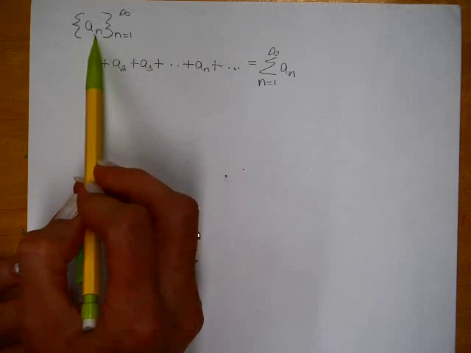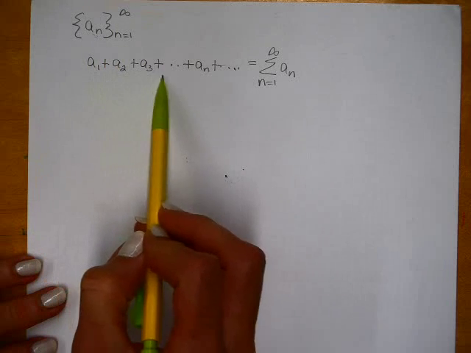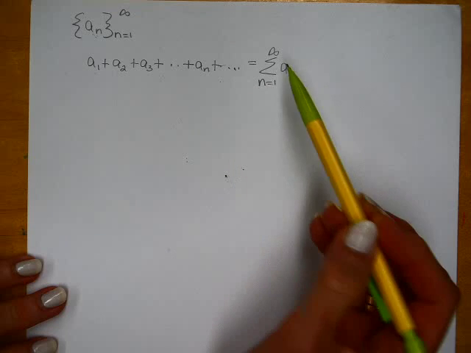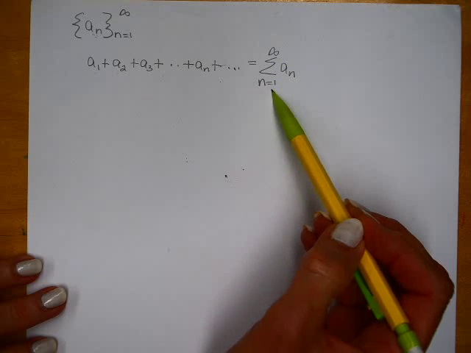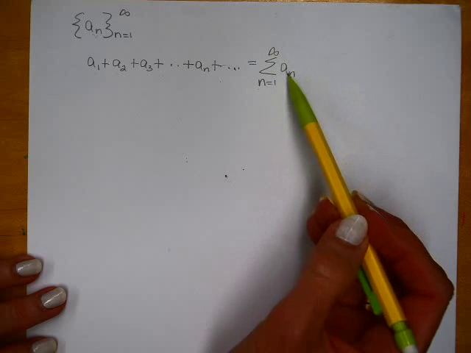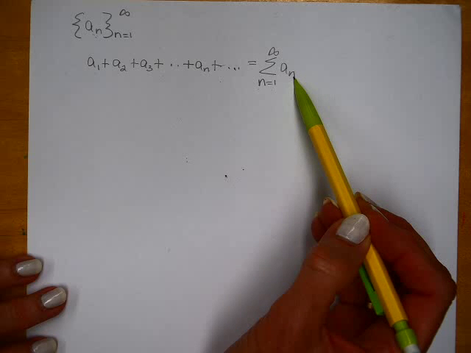We're taking the terms of the sequences that we talked about in 11.1 and we are going to add them together, which gives us the sum from n equal 1 to infinity of the terms a sub n.